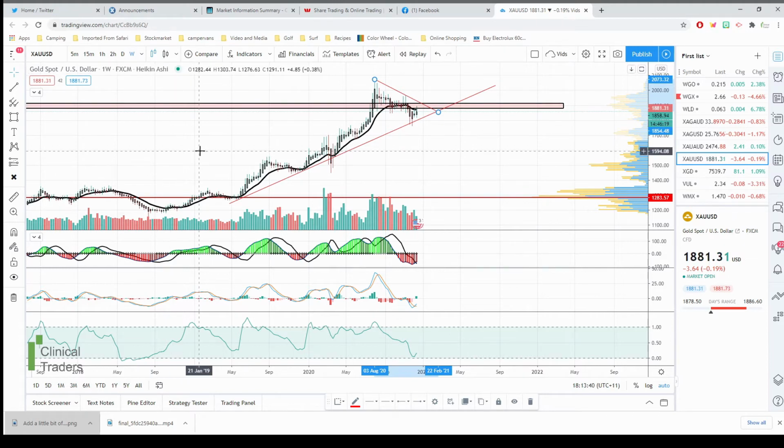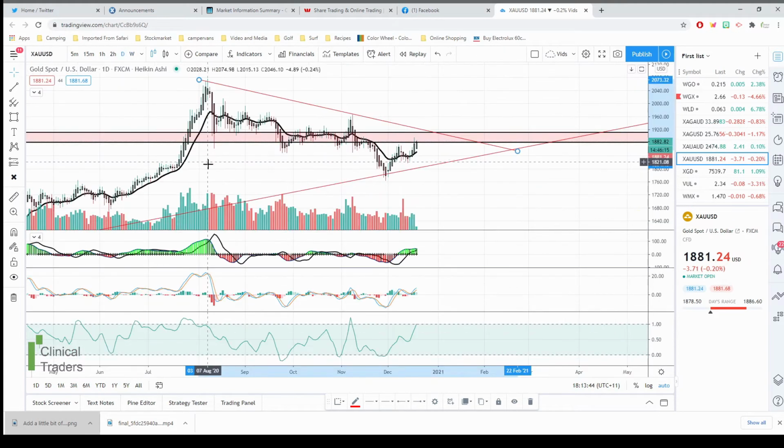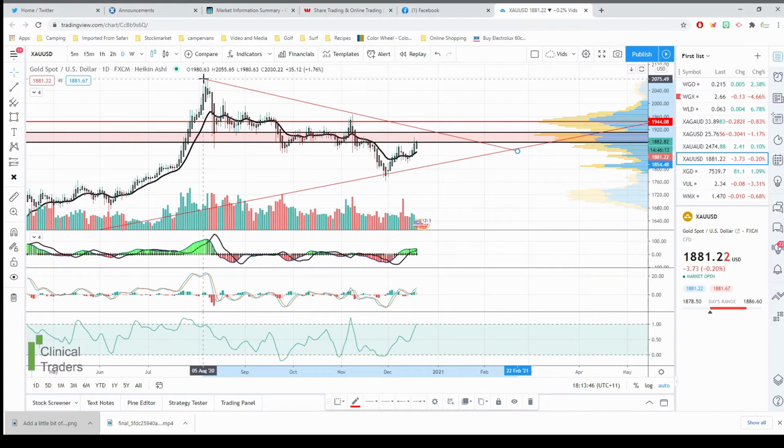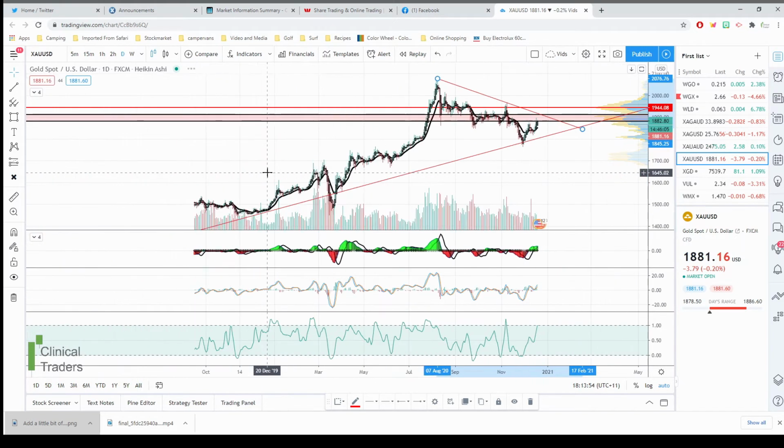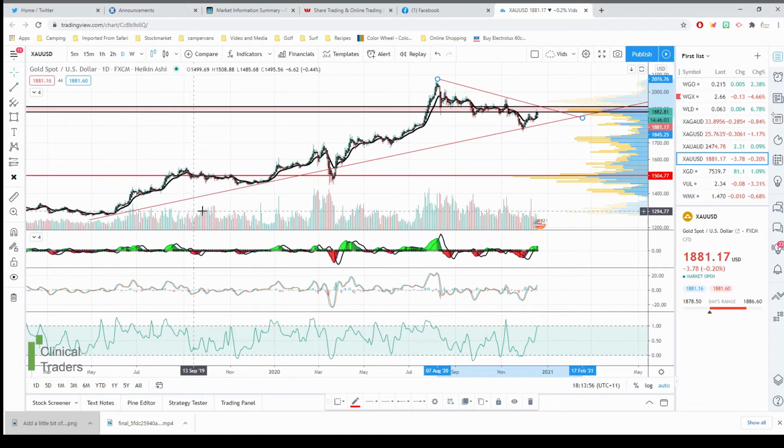So let's go down to the weekly. Sorry, the daily. I'll just tidy this up. So there's that high just in here. Comes down through here. Alright, there's that low point there. Kind of matches up pretty good, I think. I kind of discounted this because that's that March sell-off that was just crazy.